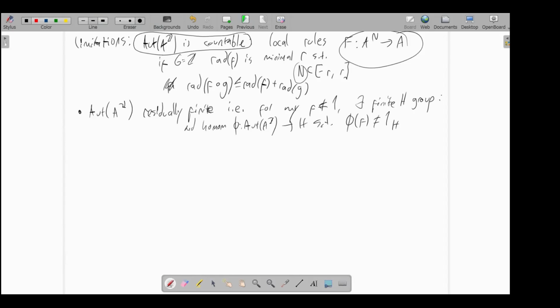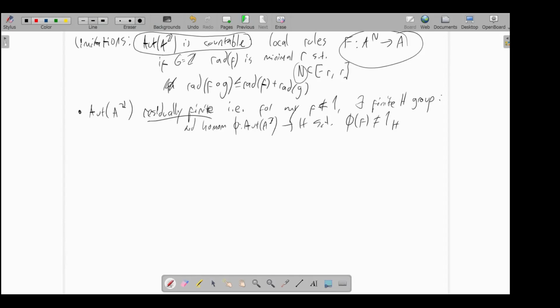The idea is that if you have a big group, then one way to understand the group is through its homomorphic images, and residually finite means that with the homomorphic images which are finite, you can separate all of the non-trivial elements. So then it also means that if you have any finite subset of the group which does not contain the identity, then you can simultaneously map all of them to a non-trivial element of some finite group.